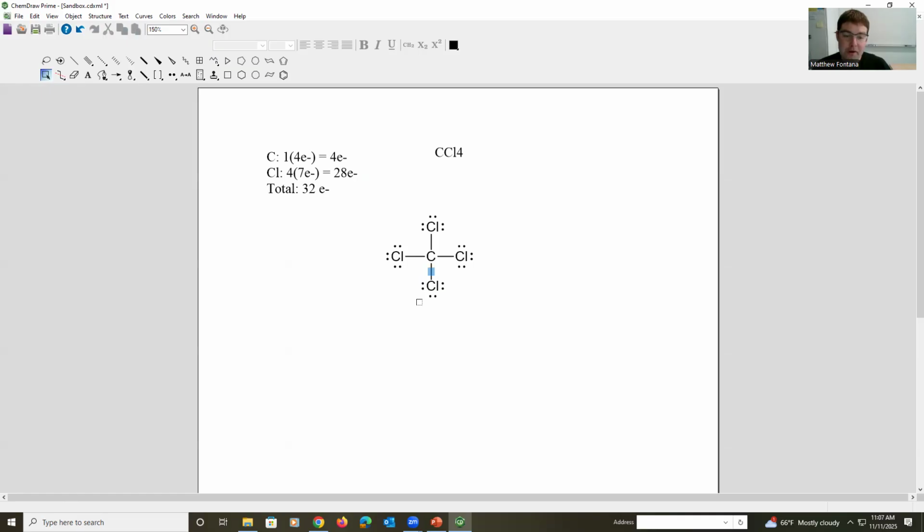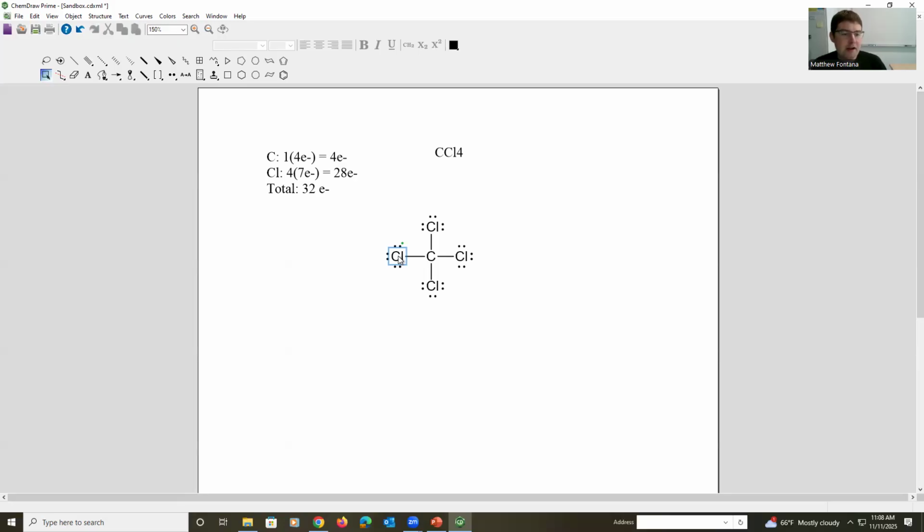So for one chlorine, we have eight. For the second chlorine, we have 16. For the third chlorine, we get up to 24. And then when we go to the fourth chlorine, we get up to 32 electrons. So what we can see in the structure here is that we satisfy the octet rule for carbon and chlorine, and we are using the correct number of valence electrons.